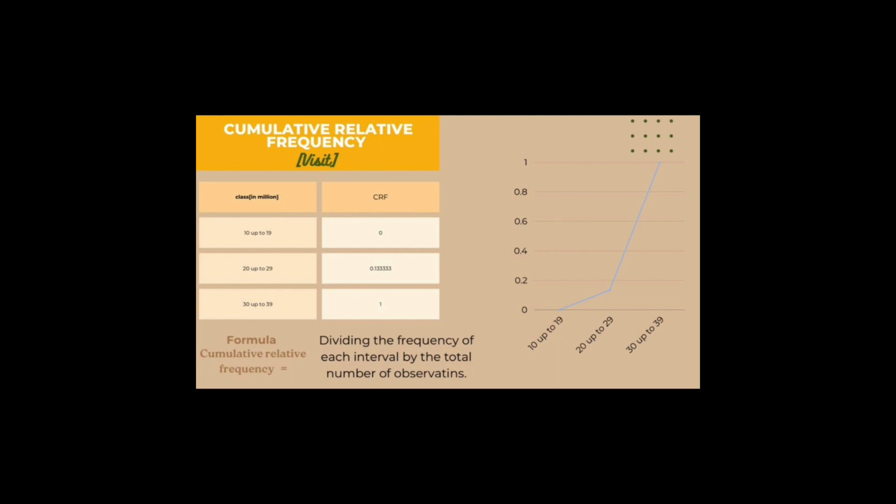The formula I use is dividing the frequency of each interval by the total number of observations. For class 10 up to 19 we have 0 cumulative relative frequency. When 20 up to 29 we have 0.1333, and 30 up to 39 we have 1 CRF.